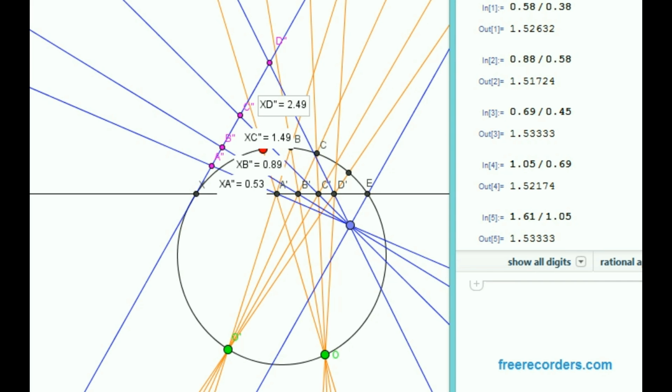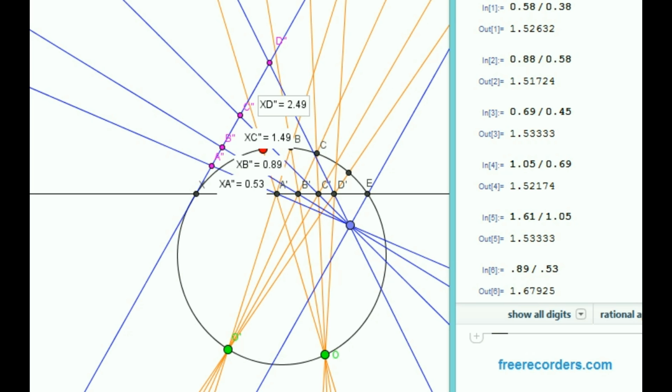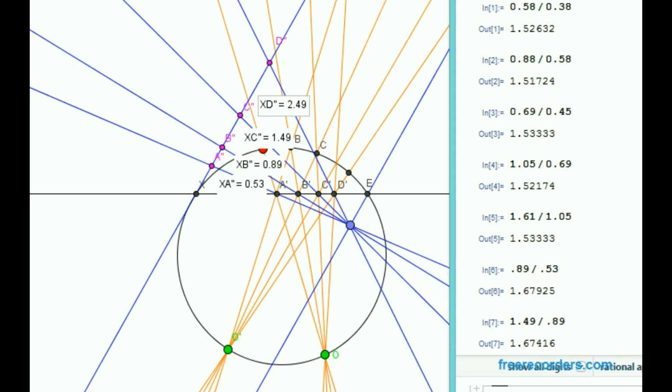So if we take 0.89 divided by 0.53, we get 1.67. Now let's divide the next two numbers, so 1.49 divided by 0.89, we get the same number, except there's a rounding error.